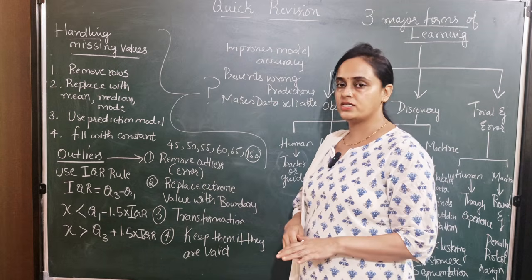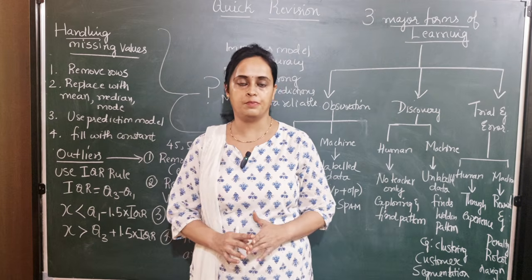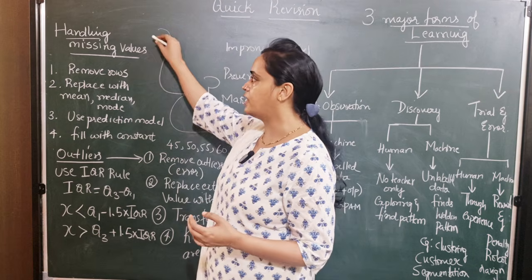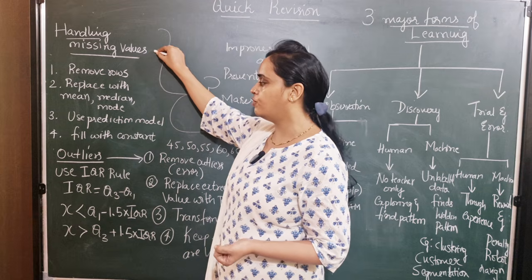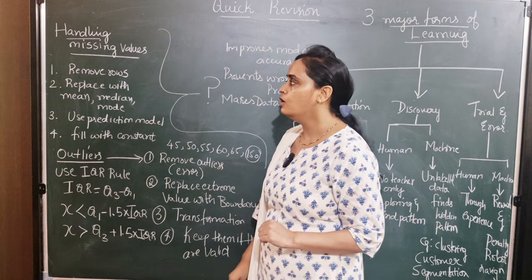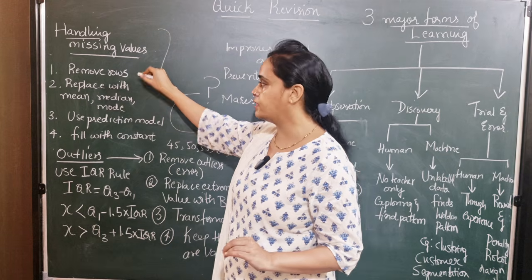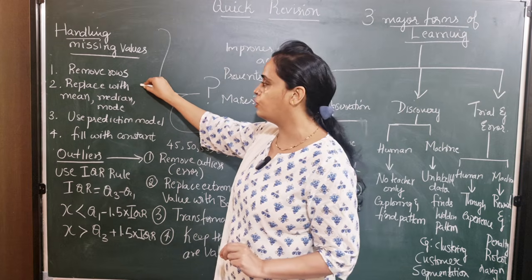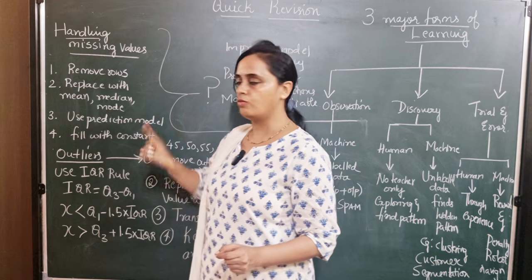So very first in this revision session, understand any data set that is given. In the data set, if any data is missing, we call it handling the missing values. To handle them, we have four options. One is to remove the rows where the data is missing, or else replace that particular missing value with either the value of mean, median, or mode.